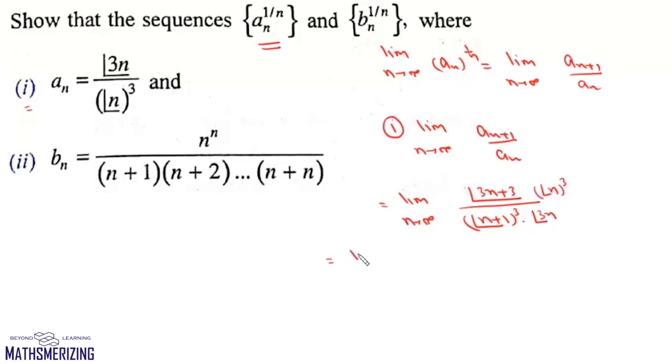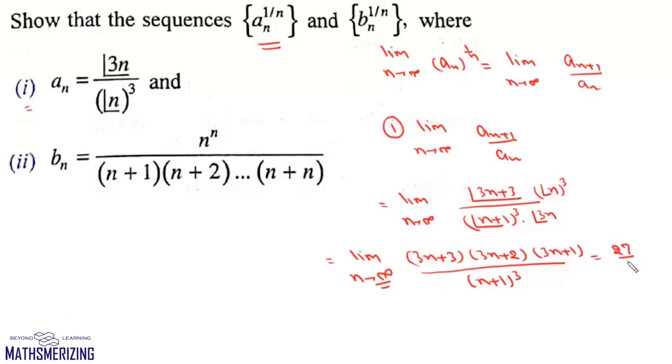Now we can write this as limit n tends to infinity of 3n plus 3 into 3n plus 2 into 3n plus 1, as factorial 3n will cancel, upon n plus 1 whole cubed. Now this is an infinite limit. The highest power of n is 3. So the coefficient of the highest power of n in the numerator is 27 and in the denominator is 1. So the value of this limit will be simply 27. So the answer to this first one is 27.